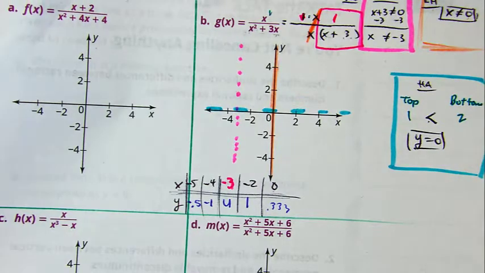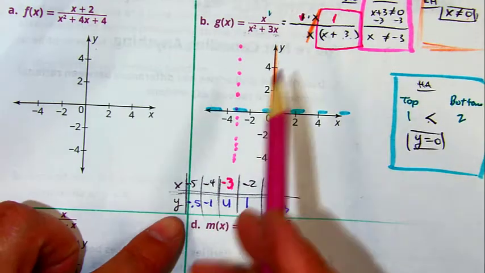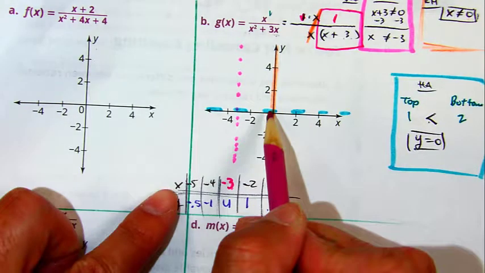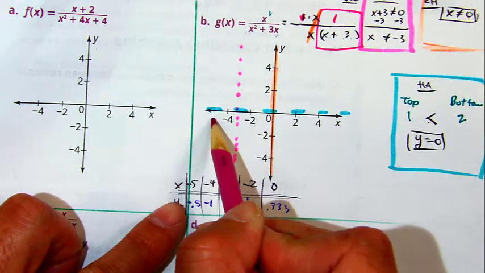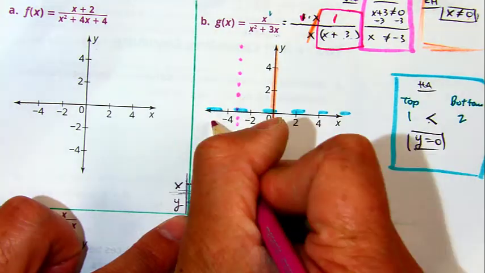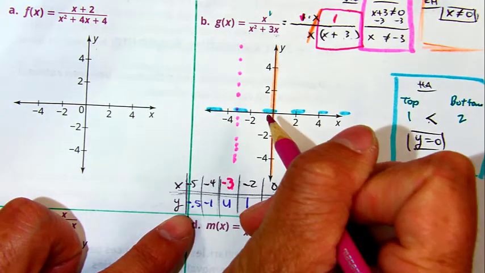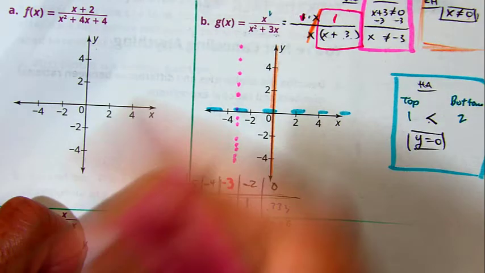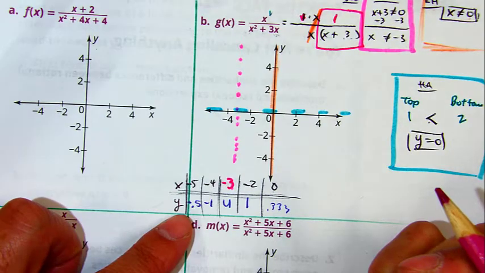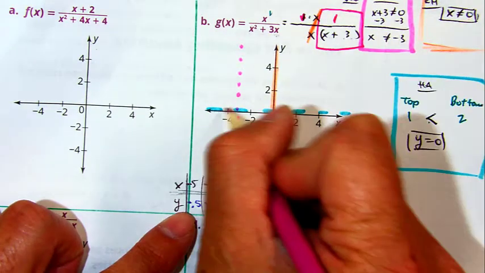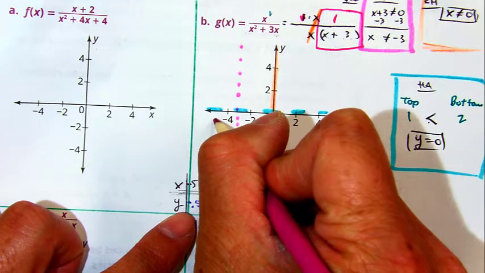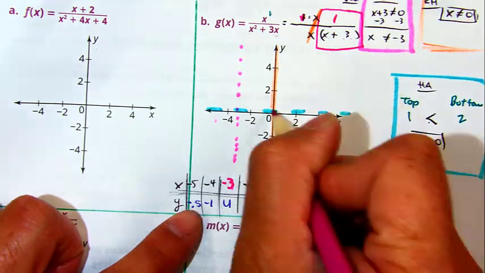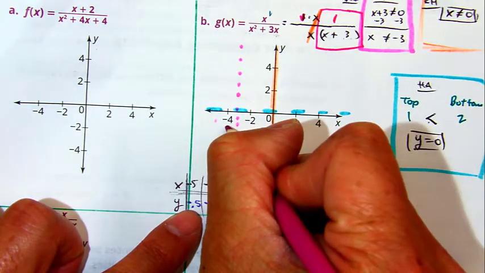Alright, let's go ahead and graph those. -5, -0.5. So I want to know that it's negative. Let's try that again. -5, -0.5. -4, -1, so a little bit further down.